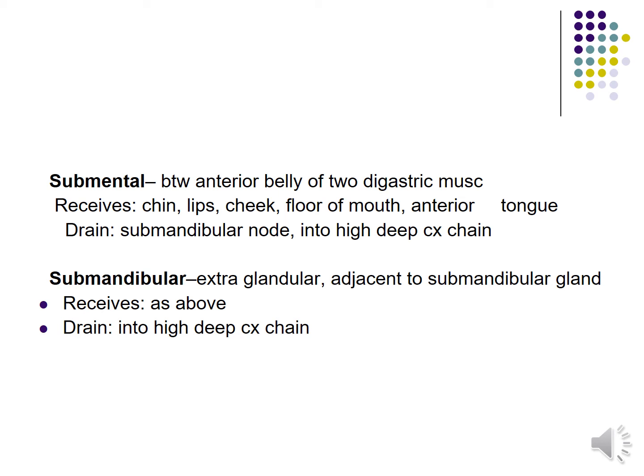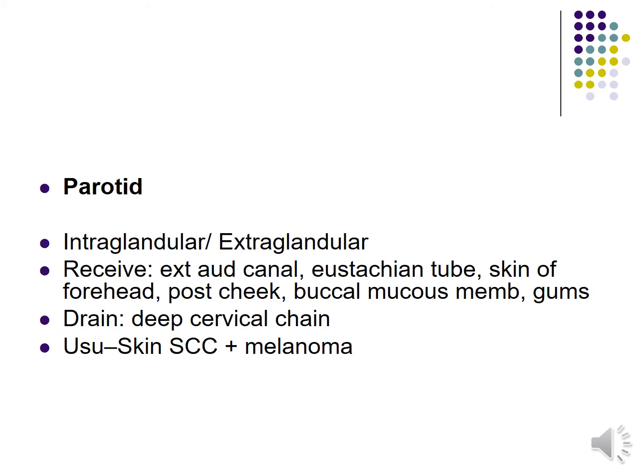The submandibular group of lymph nodes is extraglandular and adjacent to the submandibular gland, receives as above, and drains into the high deep cervical group of nodes. Then parotid nodes could be intraglandular or extraglandular, receive from the external auditory canal, eustachian tube, skin of the forehead, posterior cheek, buccal mucosa, and gum, and drain to the deep cervical chain.